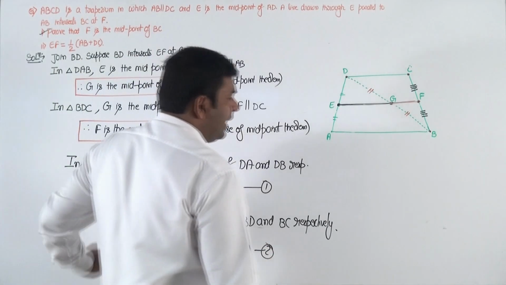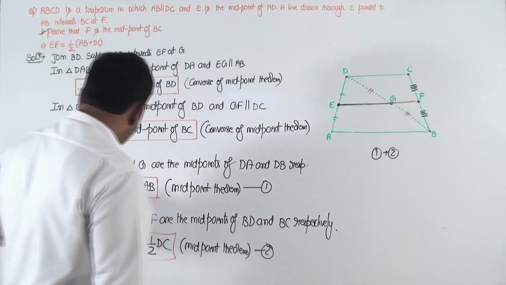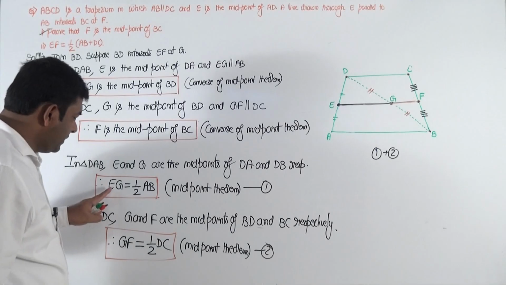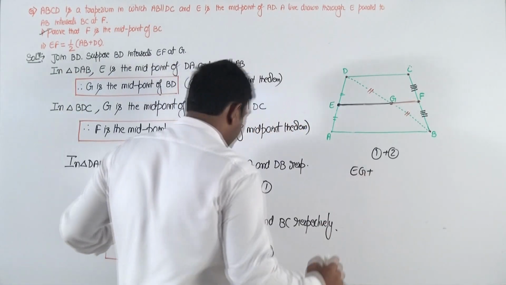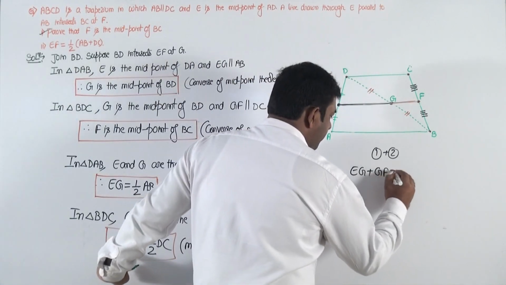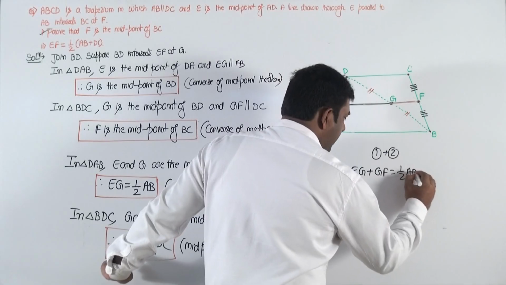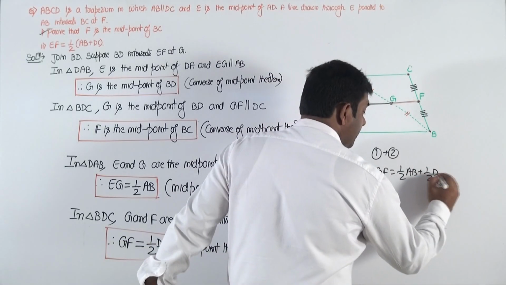अब दोनों इक्वेशंस को ऐड कर दो. 1 + 2. Equation 1, equation 2. This is EG plus GF is equal to half of AB plus half of DC.